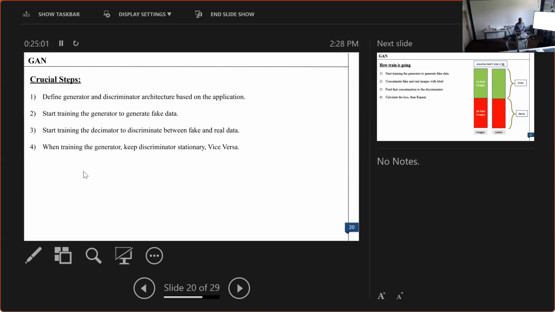After that, we need to start to generate fake data using a generator network. After that, we concatenate the generated fake data with real data and feed them to the discriminator. And the crucial point here is that we have to train one network at a time.